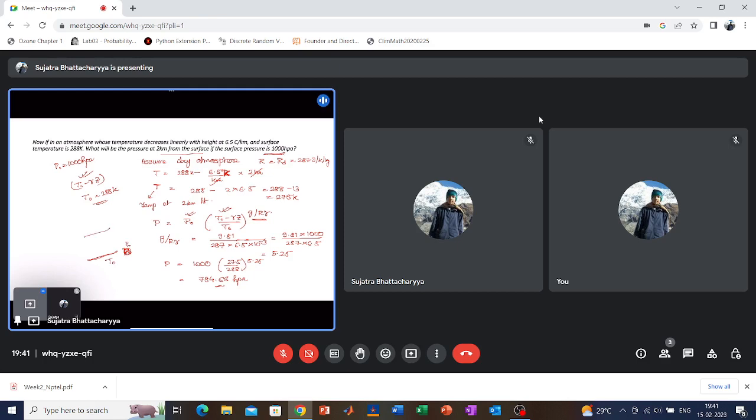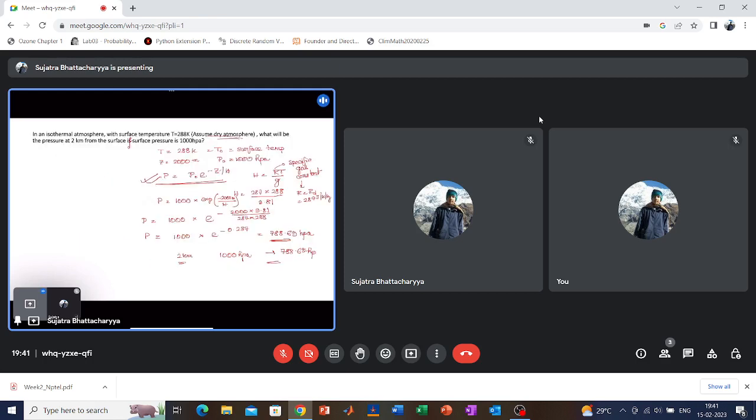At 2 kilometer height, if you assume an isothermal atmosphere, it comes out to be near 788, and if you consider a realistic atmosphere, it's much less, 784 hectopascals. Okay. So this is another numerical approach, but again I am repeating, you do not have to use this particular approach, you only have to use this particular formula.